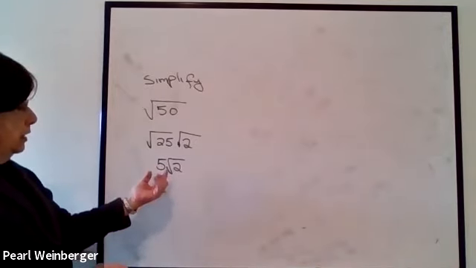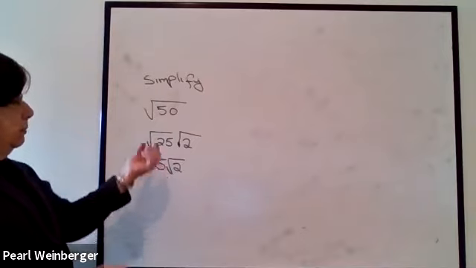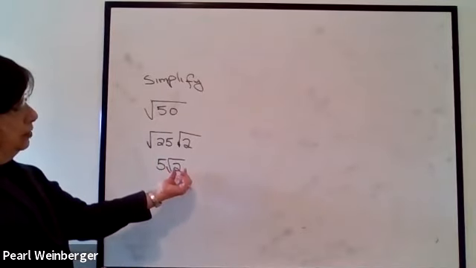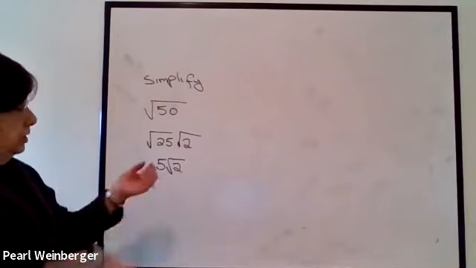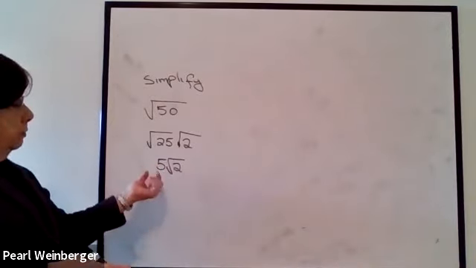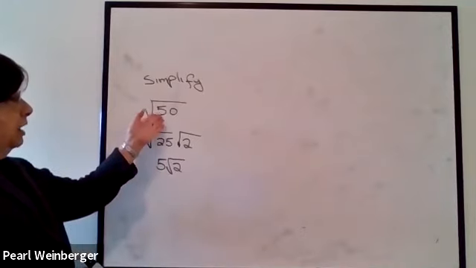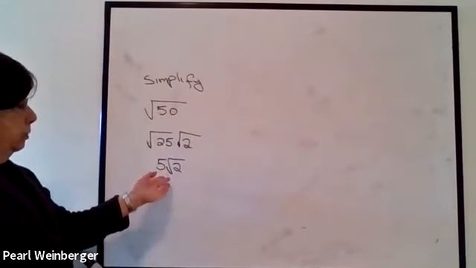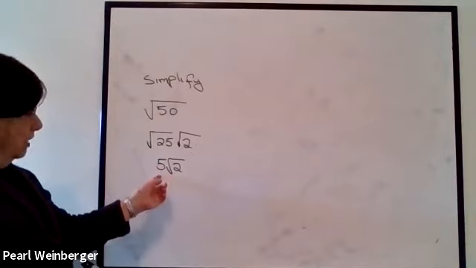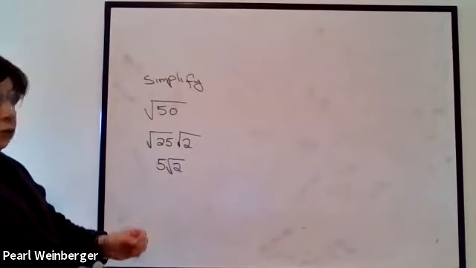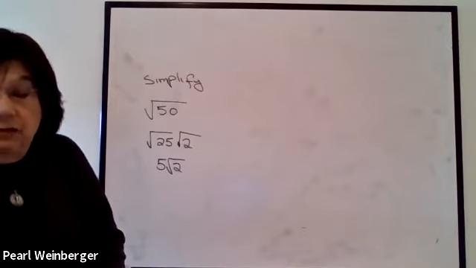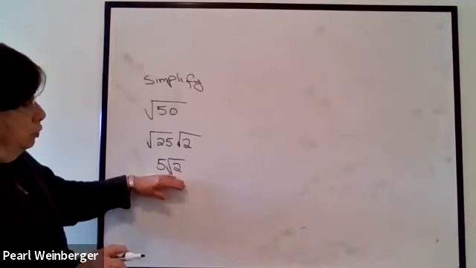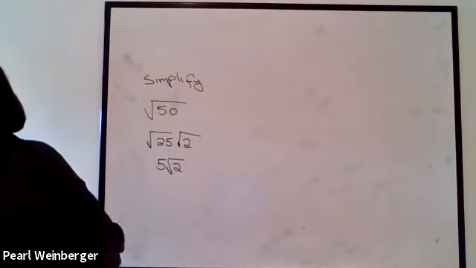But basically, it's called simplifying because the number that's left inside the radical, which is a more complicated number to deal with, is a smaller number. If you put this in your calculator this way, or you put in 5 and then put in a radical 2 next to it, you'll get the exact same decimal value. This is what's called simplifying the radical.